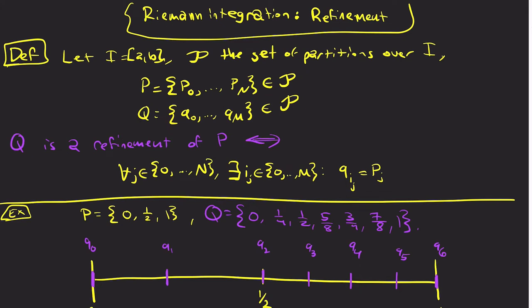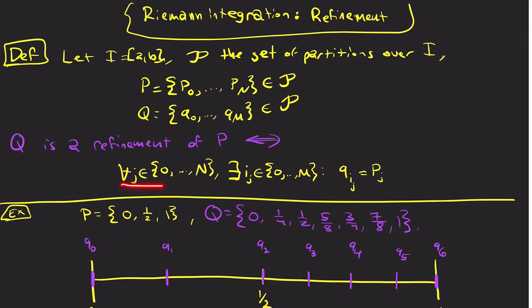So just for a definition of a refinement, it's relatively intuitive. If you take an interval I, our typical setup, P is the set of partitions over I, and we take two partitions, P and Q, with P indexed from 0 to N and Q from 0 to M, then we say that Q is a refinement of P whenever, if you give me any index in P, in 0 through N, I can always output an index in the Q partition such that their values match.